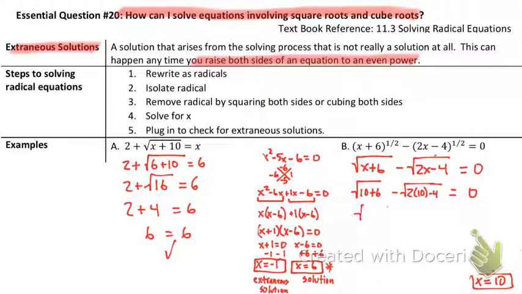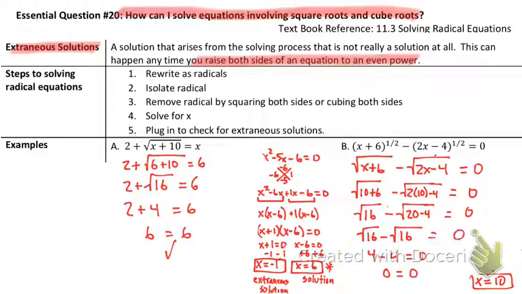So 10 plus 6 is radical 16 minus, this is going to give me 20 minus 4, the radical 16. Square root of 16 is 4. Square root of this 16 is also 4. 4 minus 4, if you do this correctly, it does equal 0. And everything works out. So this is a solution.